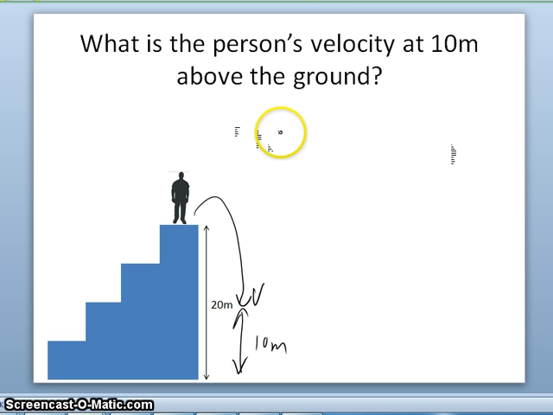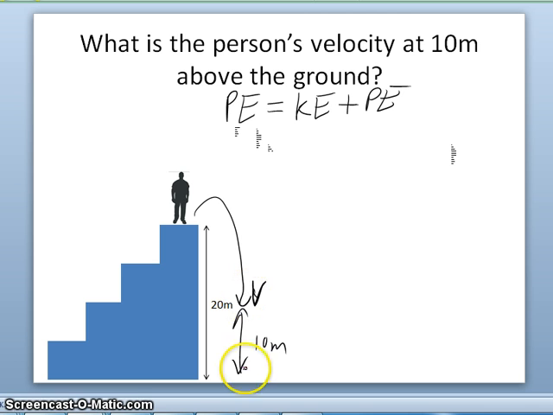If I know that he started with potential energy, because he started from the top, as he falls, that potential energy is going to be equal to the two types of energy he has: the kinetic energy due to his velocity at 10 meters off the ground, and his potential energy due to the fact that he's still 10 meters above the ground.